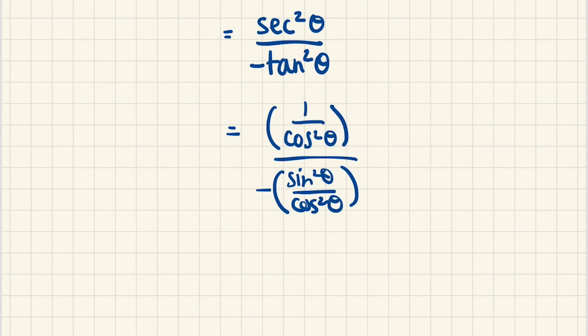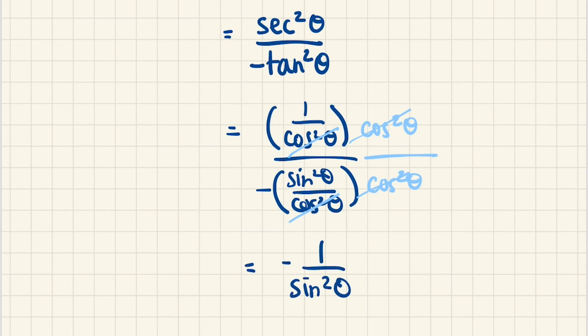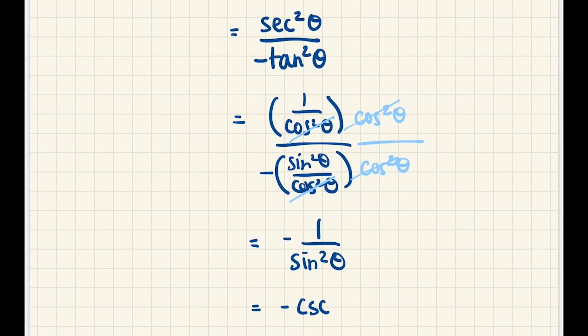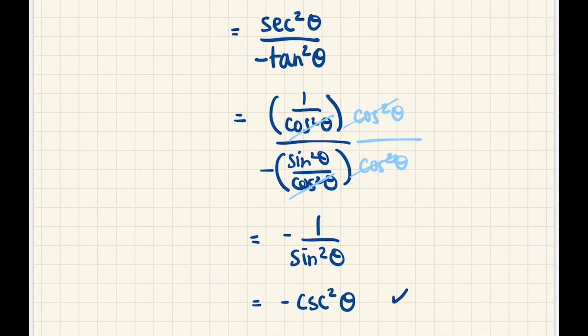Okay, so again, if you multiply this by cosine squared over cosine squared, you're going to get cancellation right away. And you'll see that this is negative 1 over sine squared of theta, which is negative cosecant squared of theta. Of course, that's the same answer that we got earlier because math always wins.